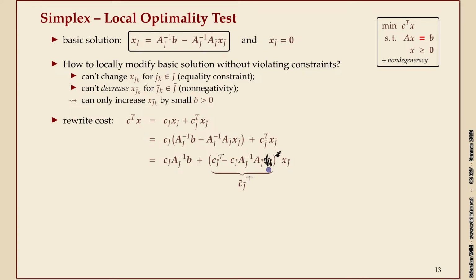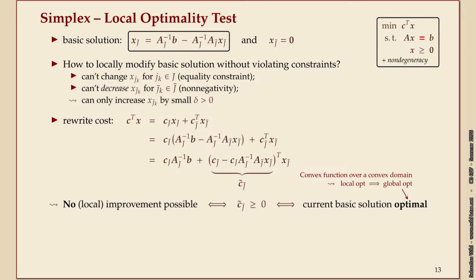Whereas if the coefficient is positive, I cannot help the objective value by increasing this xj. So you get no local improvement exactly if this thing is non-negative. Then any increase here would only make the cost higher, and that's not better.